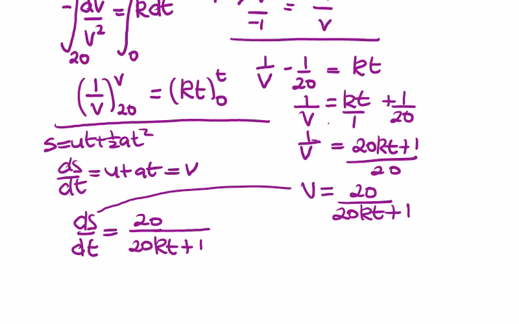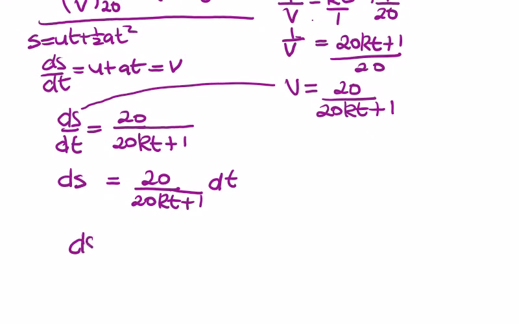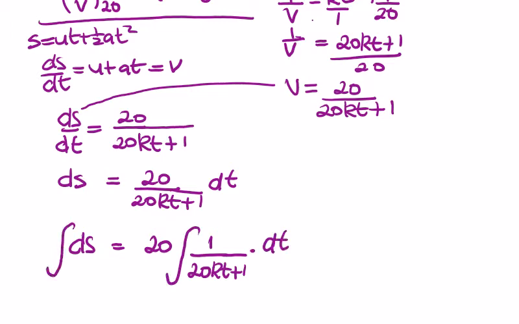Simplifying this down, we want distance, so ds is going to be equal to 20 over 20kt plus 1 dt, and maybe I'll just take that 20 out. It's equal to 20 times 1 over 20kt plus 1. So I'll put my integral in here, dt and ds.